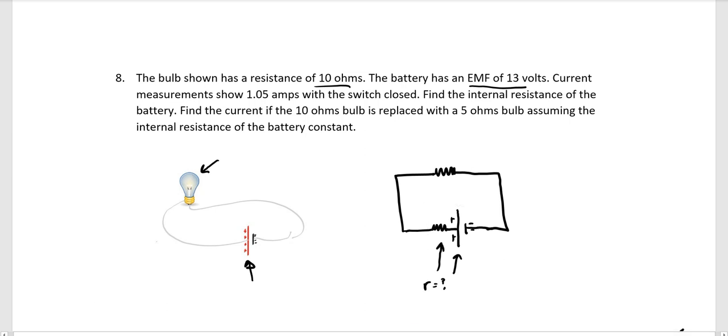Now, with the picture that I have drawn, your current is going to go this way, because we always assume high current, assuming positive charge carriers. Now, what you want to do is write yourself a loop equation.